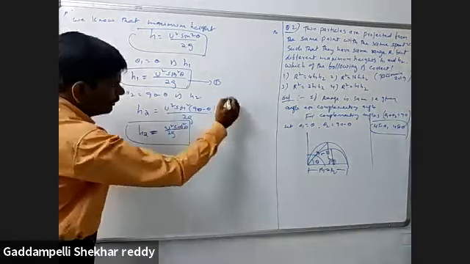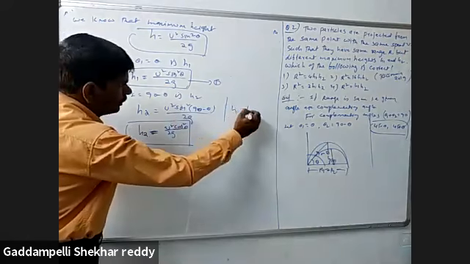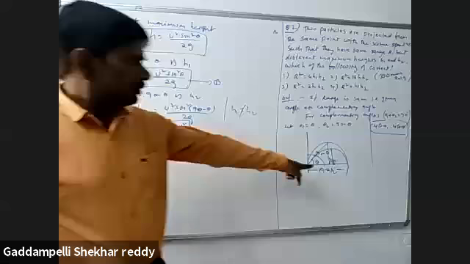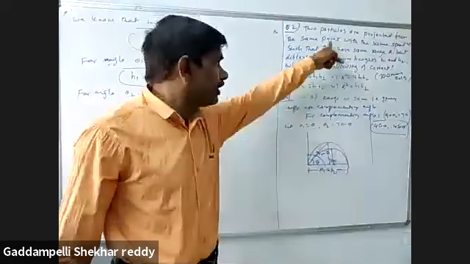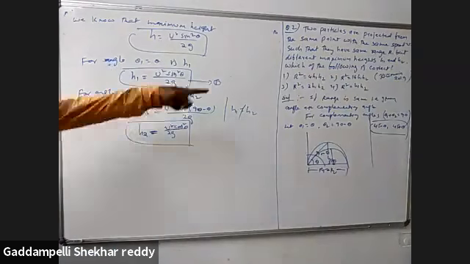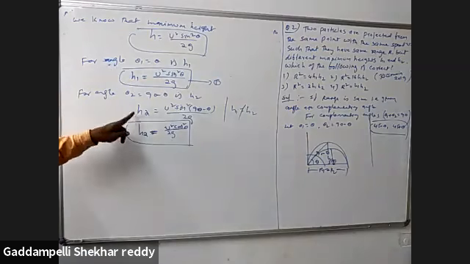So here h1 is not equal to h2, but R1 is equal to R2. The range is the same, already mentioned, no need of finding. R1 is equal to R2. So here we need the relation between the given answers, R and h1, h2.